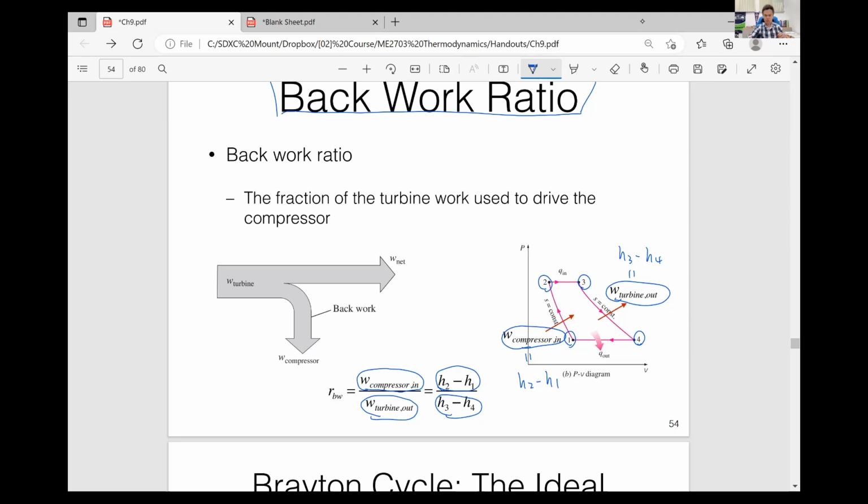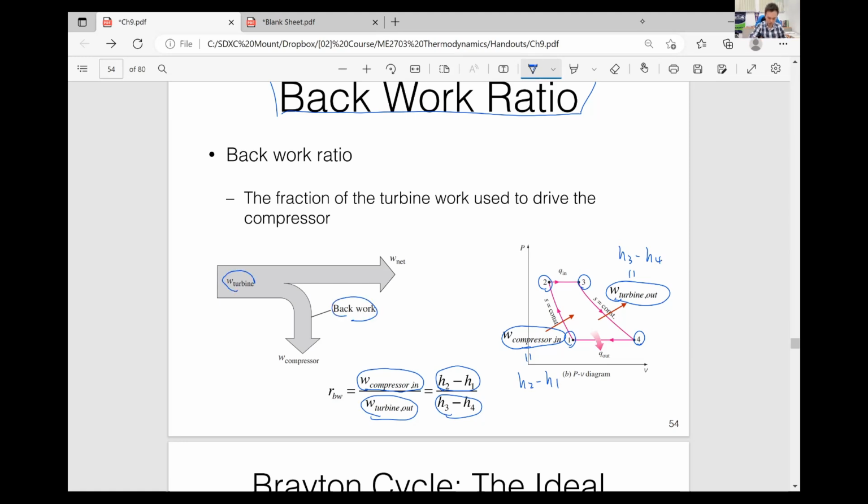Don't forget, we always ensure that the quantity we use is a positive one. Then we decide the direction, whether it's negative or positive. So this is the back work ratio.